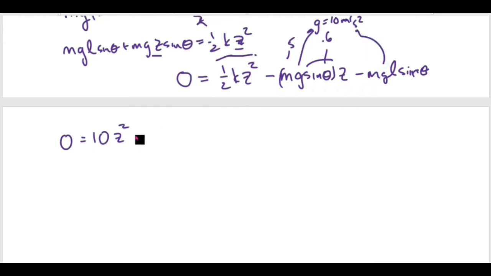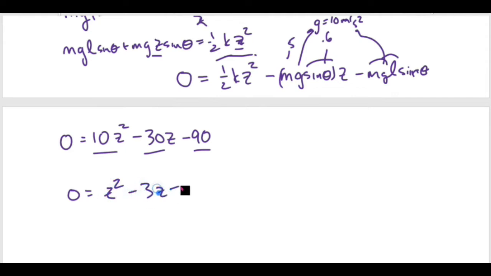And so we end up with minus, so that's 50 times 0.6, so that's 30z. And then the last thing over here is we have mg is 50 times L is 150 times 0.6 is 90. So minus 90. Now it just so happens that they all are divisible by 10, so I'm going to simplify here. So 0 is equal to z squared minus 3z minus 9.